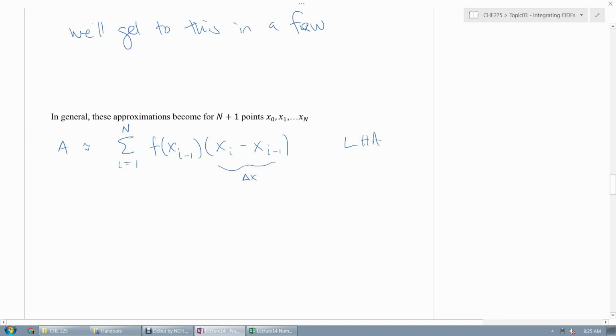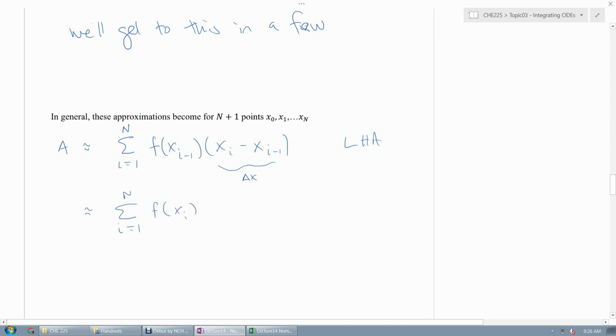That is the left-hand approximation. And note that this difference between the two x's is just some delta x, which in some cases may be constant, right? So you might have your discrete points at equally spaced intervals, in which case you can just substitute delta x in there for the formula. So that's your left-hand approximation.